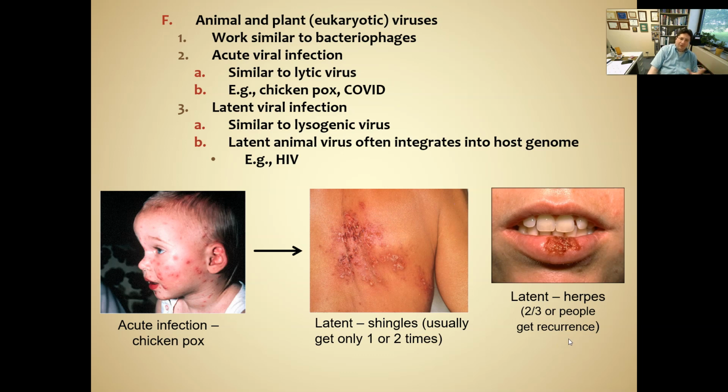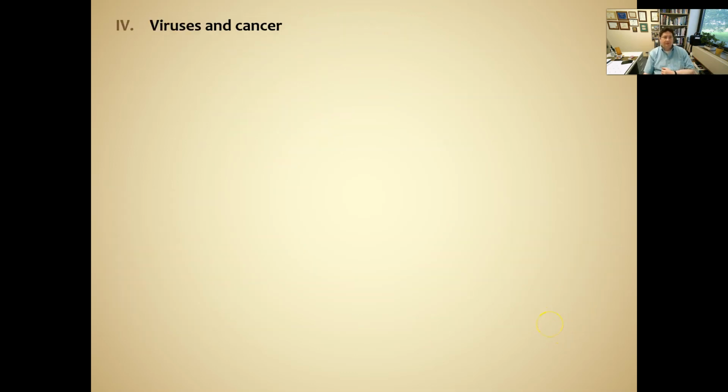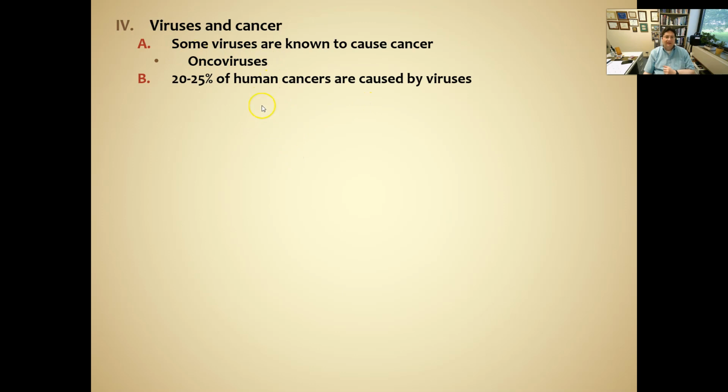Now, if all that's not bad enough, viruses have also been linked to cancer. Some viruses, in fact quite a few now, are known to cause cancer. These are called oncoviruses. About 20 to 25% of all human cancers are caused by viruses.